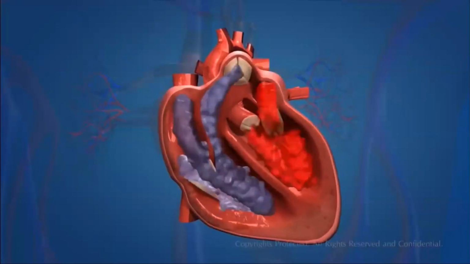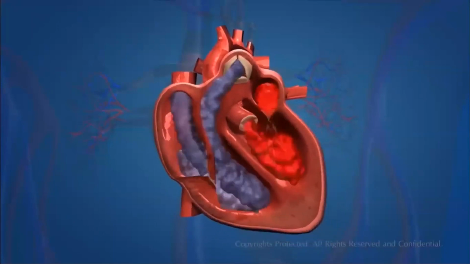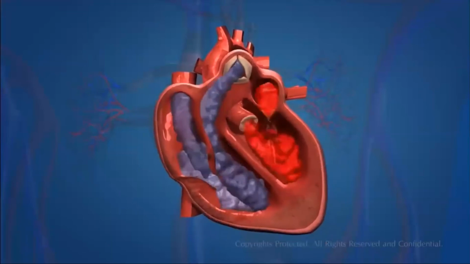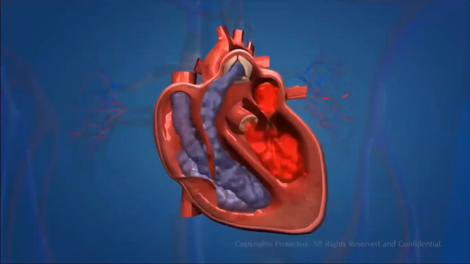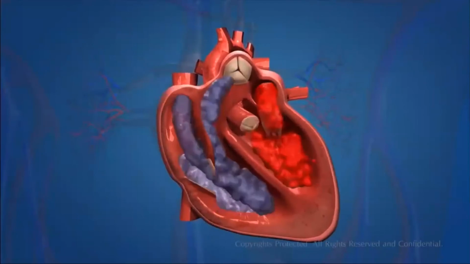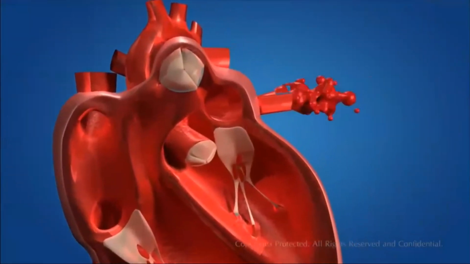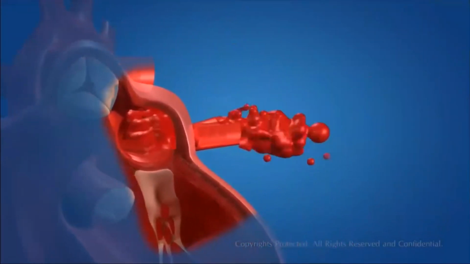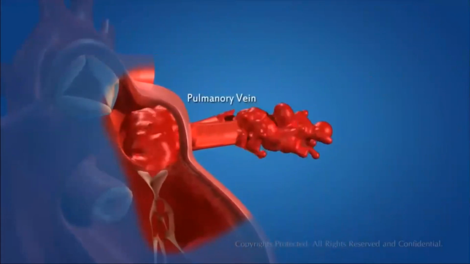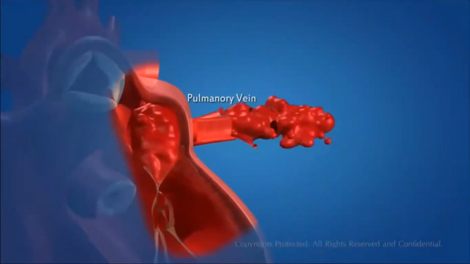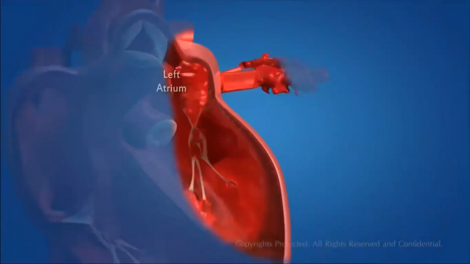These valves are one-way valves. Now, you have seen the structure of the heart. Let us find out how it works. The blood becomes oxygen-rich by absorbing oxygen in the lungs. The function of the heart starts when oxygenated blood is carried from the lungs to the left atrium of the heart by means of the pulmonary veins.